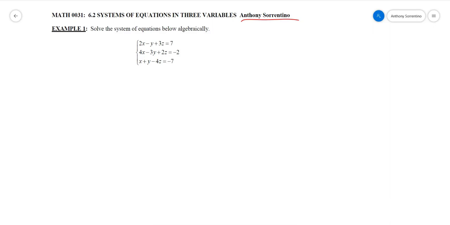Because when I look to do situations like this, there might be some substitution I could do along the way, but you're going to see more often than not that elimination tends to work best for this, because I'm going to have to get rid of one variable at a time.